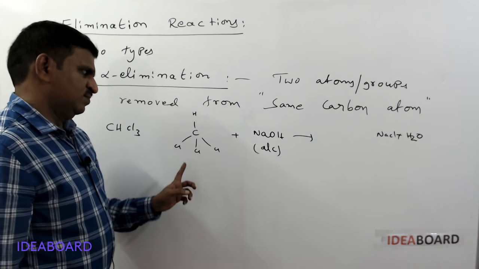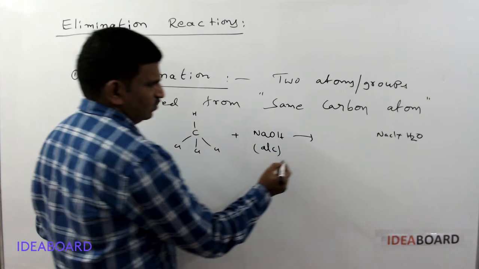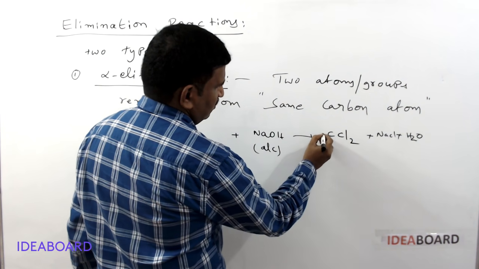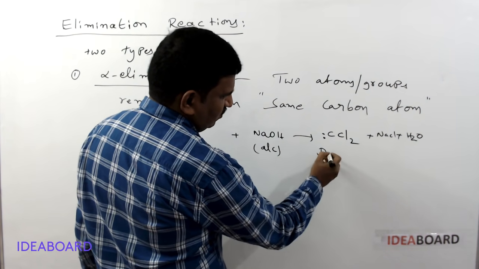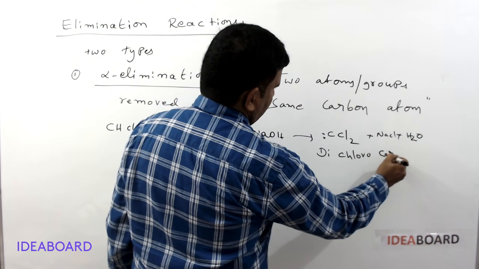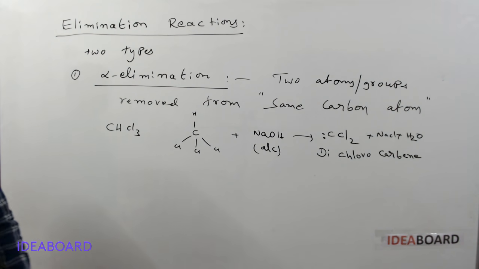Then what is remaining? The remaining compound is CCl2. This is having two electrons, and this is called dichlorocarbene. Dichlorocarbene is formed. Okay, so carbene formation.